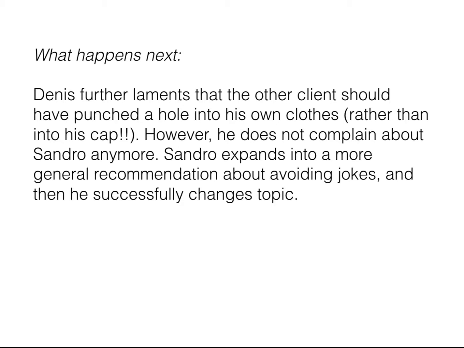This is what happens here. So Dennis further complains that the other client should have punched a hole into his own clothes rather than his cap. But he does not complain about the staff member anymore. And then Sandro starts to make a more general recommendation about avoiding jokes, which was how we started in a way. And then he successfully changes the topic.